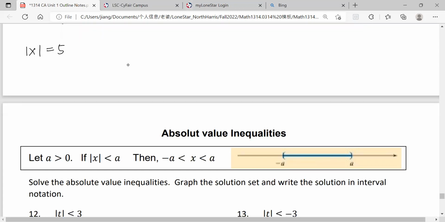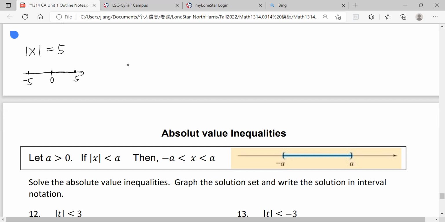So if I draw a number line, so here is 0, and then if it equals 5, so 5, and that means the distance from the x to the 0, here to here, is 5. So x could be 5. And also, if I choose x equals -5, from -5 to 0 is also 5.